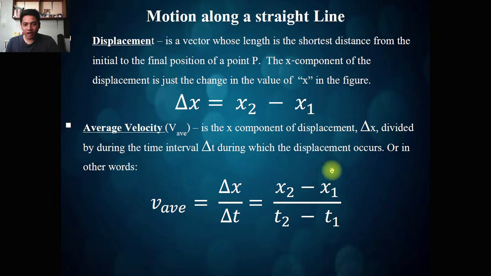Or in other words, average velocity is delta x over delta t, and as I said a while ago, change is subtraction. So x2, the final position, minus the initial, divided by t2 minus t1. This t2 is the time it takes to reach x2, and t1 is the time it takes to reach x1. So we have these two formulas: delta x, displacement, and the average velocity.